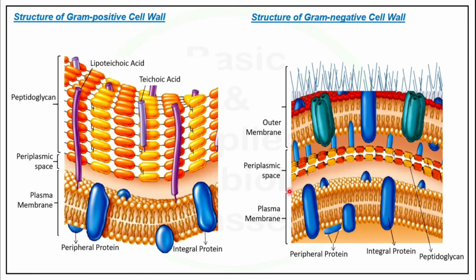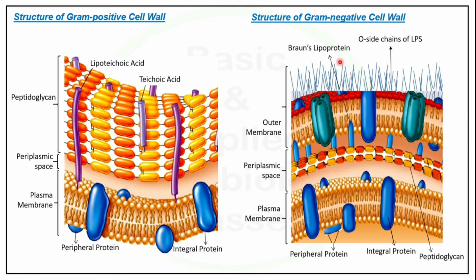And now we are coming towards some other components of the gram-negative cell wall structure. What are these filaments indicating? These chains are indicating the presence of O side chains. The O side chain is a part of what? It is a part of LPS, lipopolysaccharide, right? The next thing you should know is Braun's lipoprotein, right?